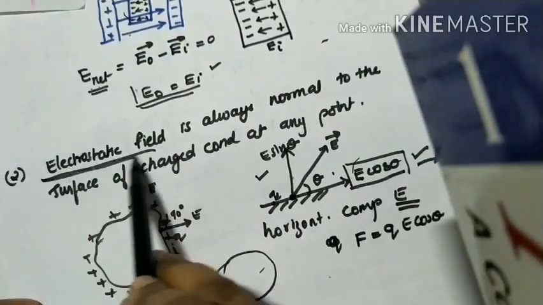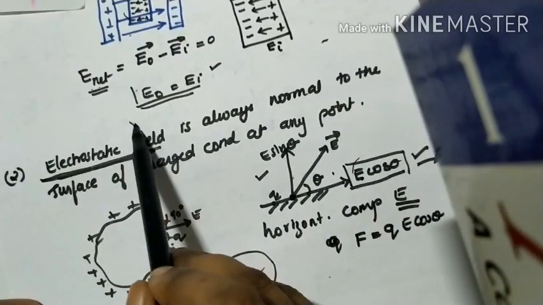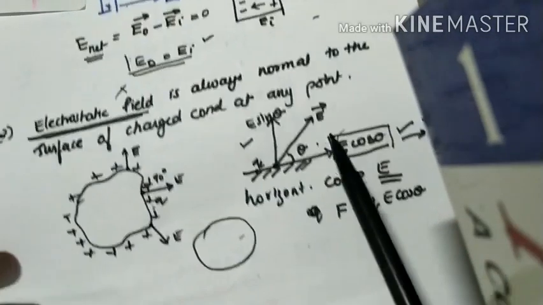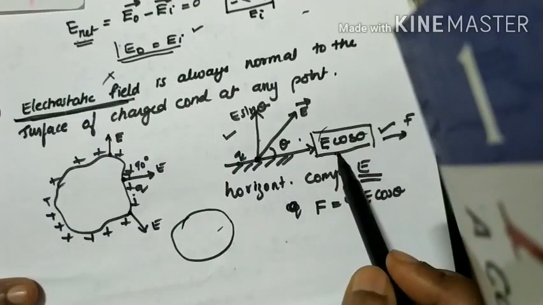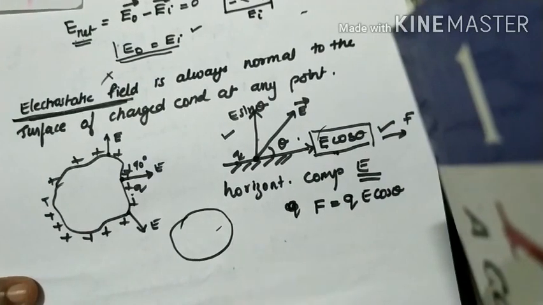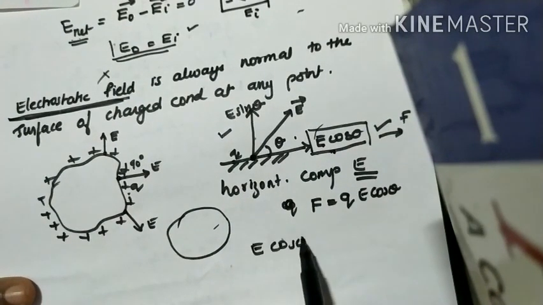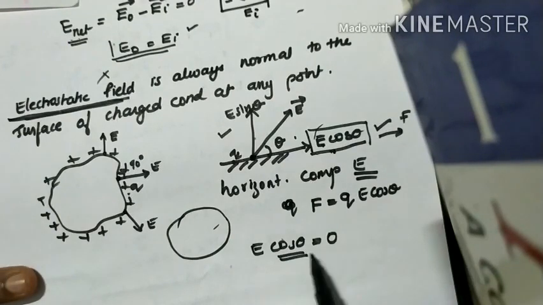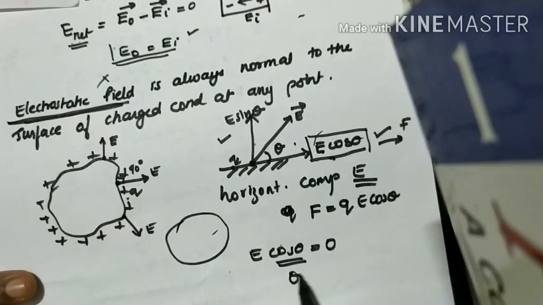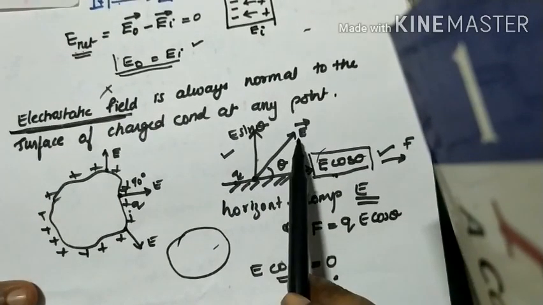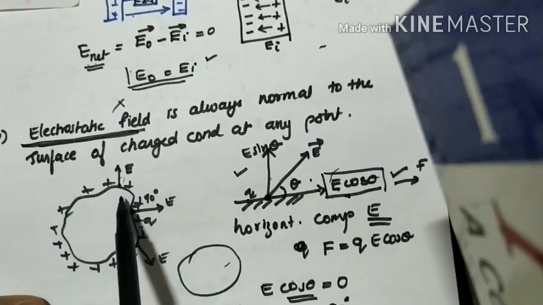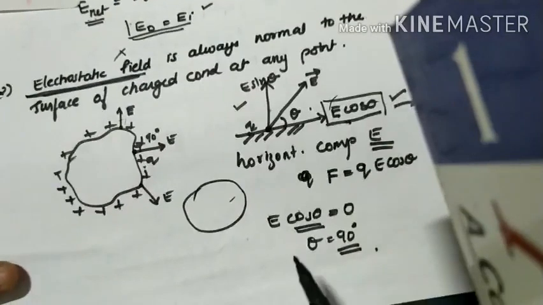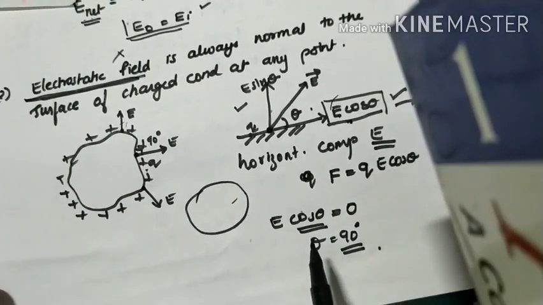So this entire topic will become irrelevant, right? So that means E cos theta shouldn't exist, which means E cos theta is equal to 0. In which condition can cos theta be 0? When theta is equal to 90 degrees. That means the electrostatic field is always making 90 degrees with the surface. I hope it is clear.